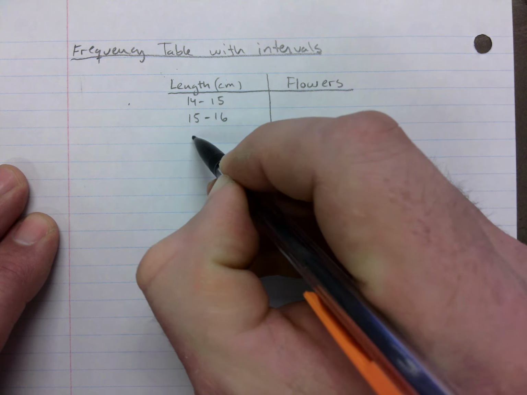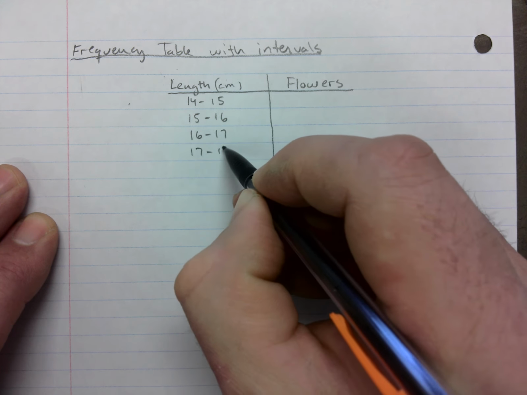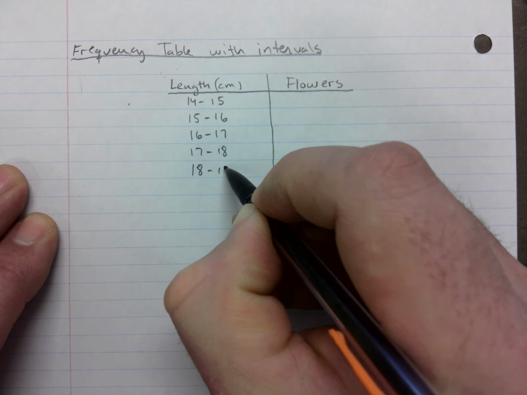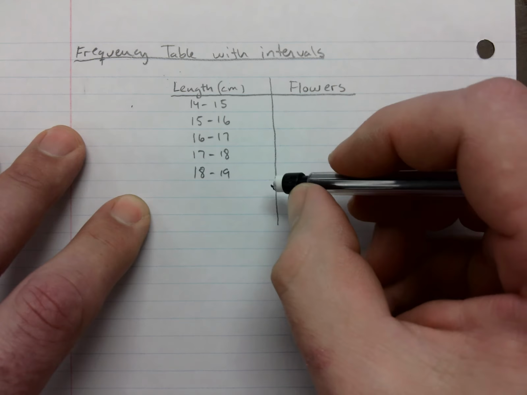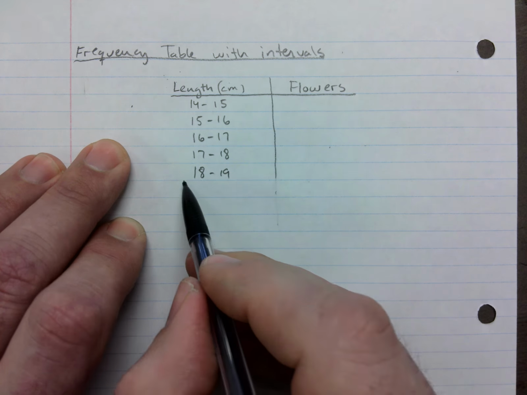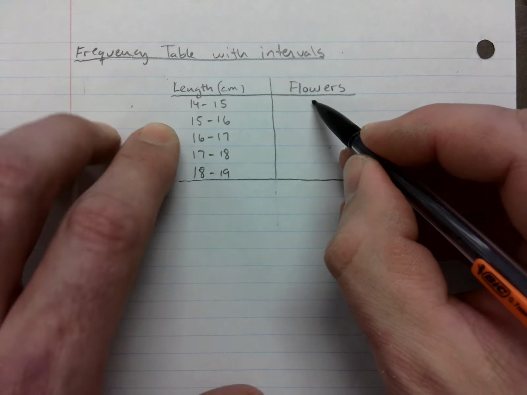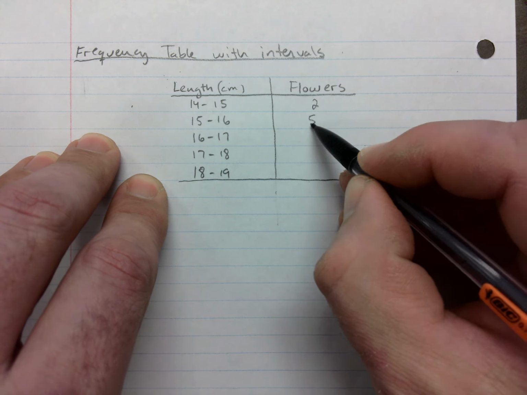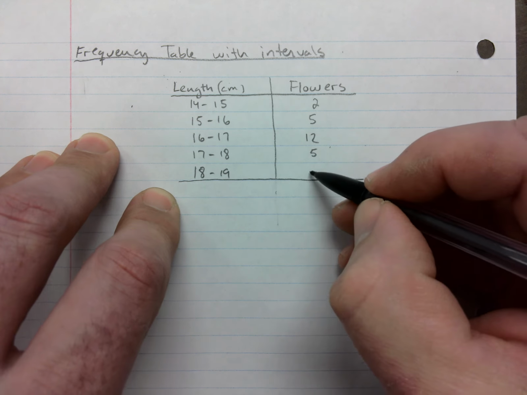Notice that it always doubles up when you do one of these. 17 to 18, 18 to 19. I think we'll stop there. So sorry, I went a little bit over. Right, and so we have that on that side, and then number of flowers that fall within each category would be as follows like that.